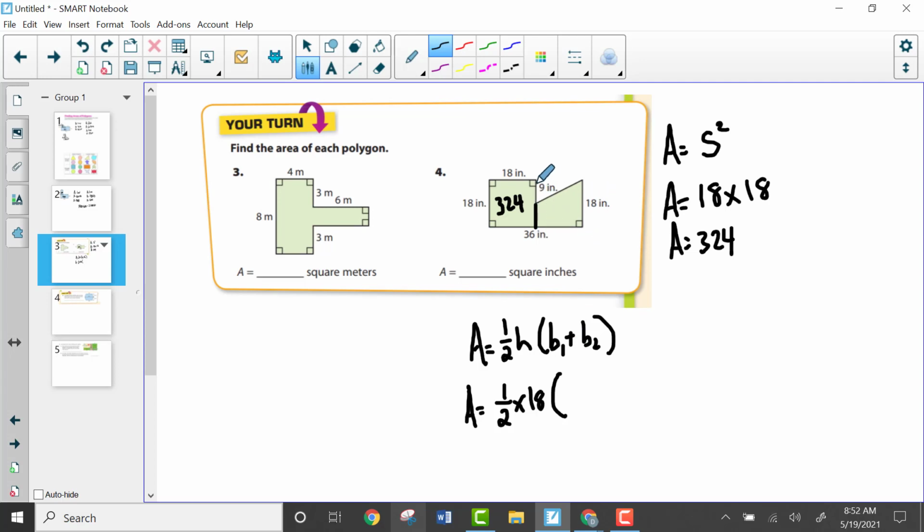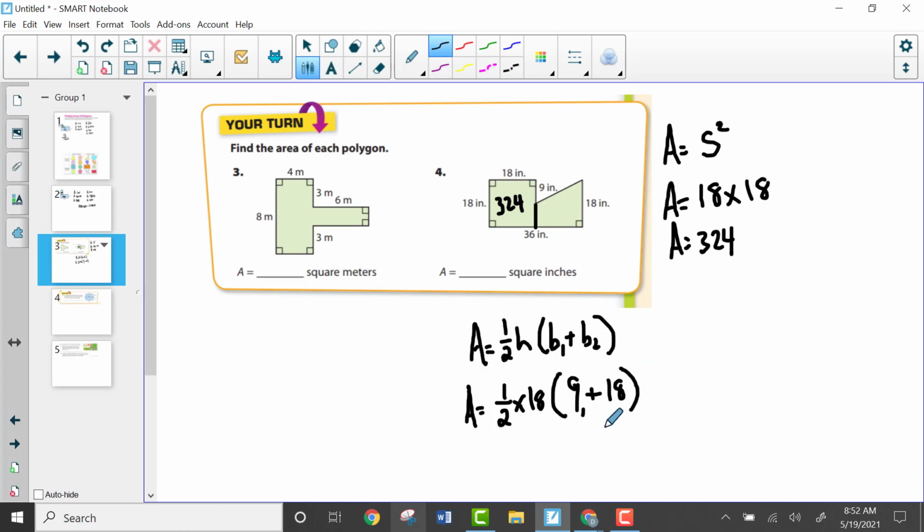Now what we do know is the height of this from the trapezoid to the square right here, this little notch in our polygon to the top, I should say, is 9 inches. But we know the whole entire height here is 18 inches, so we can see the base 1 is going to be 9, base 2, 18.